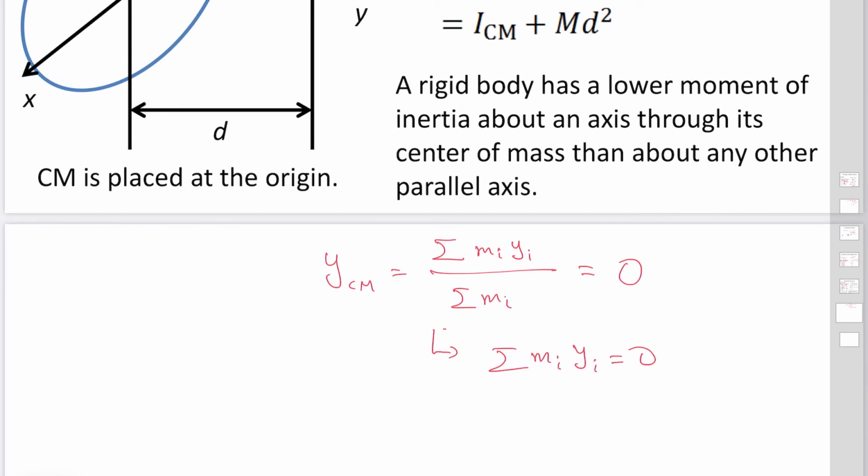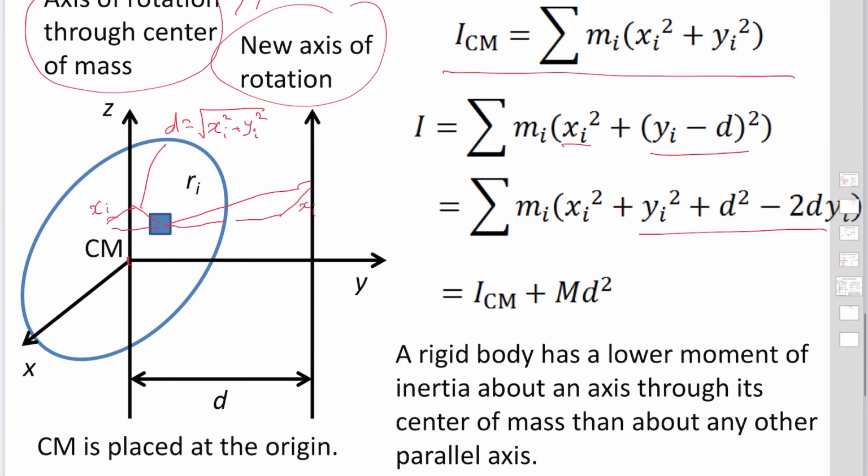So we can return to the equation. The last term becomes 0 because of what I explained. The first 2 terms correspond to I sub cm. But we still have d squared, which gives m d squared.